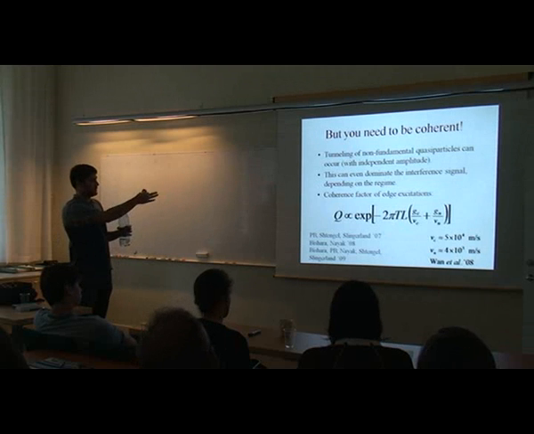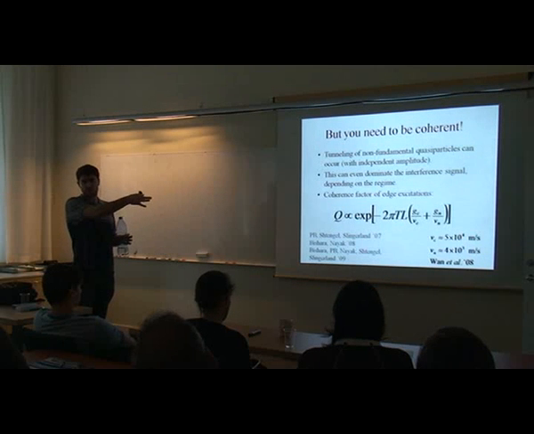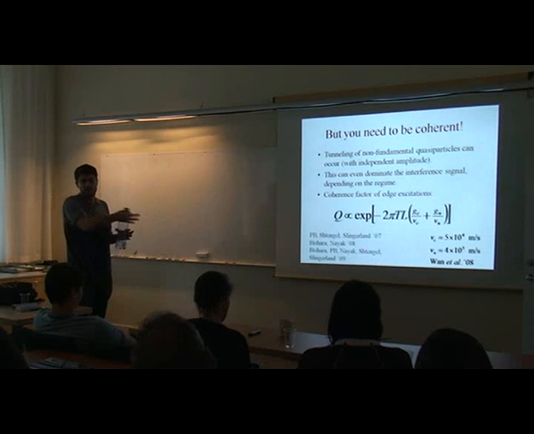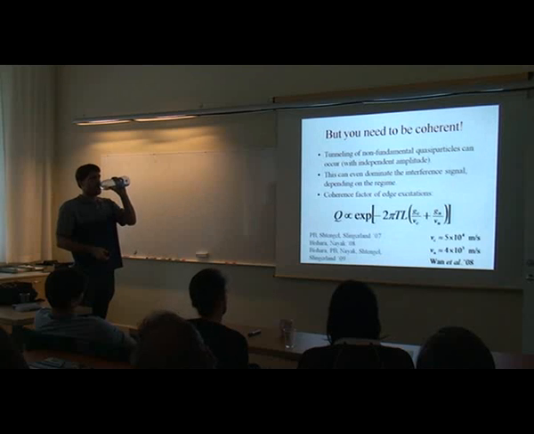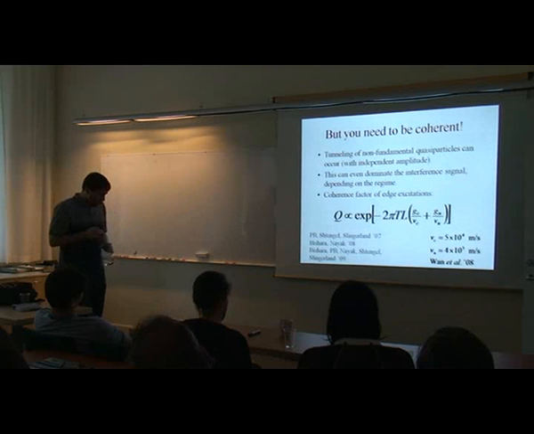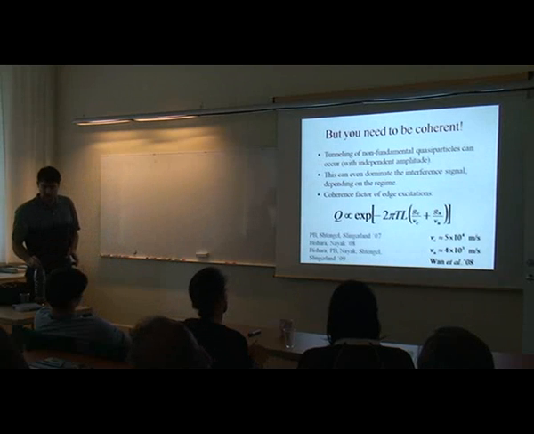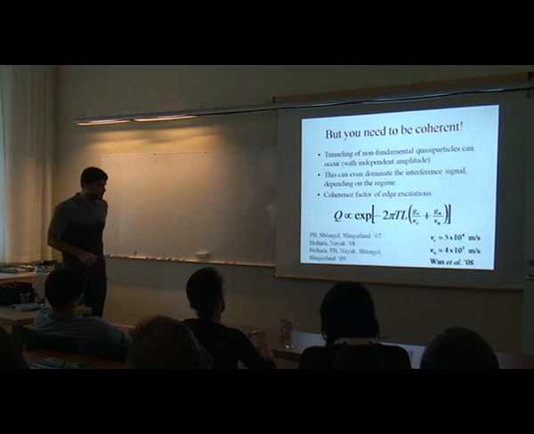Because you can measure the total tunneling current, and then you can measure the amplitude of the interference current, and you can compare. But first you need to get rid of all quasiparticles inside. No, you don't. That's not an issue at all.